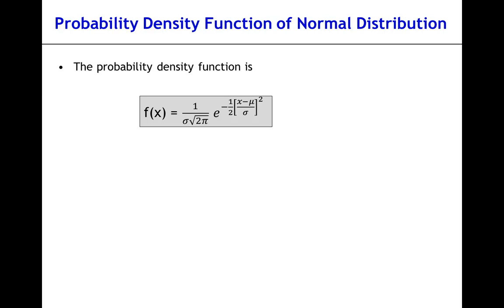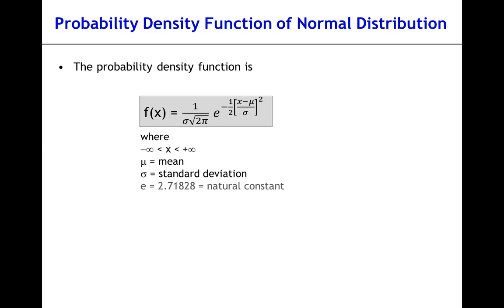The probability density function f of x for the normal distribution is represented by this algebraic formula, where x can be any value between positive and negative infinity. Mu represents the mean. Sigma is equal to the standard deviation. e is equal to 2.71828, or what is known as the natural constant.